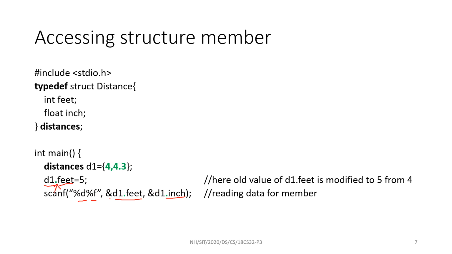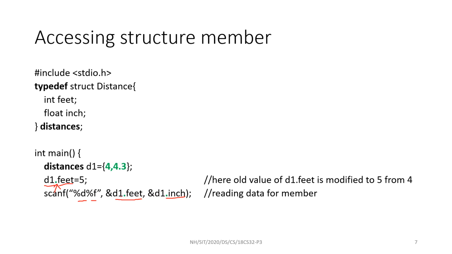You are going to read. For that ampersand is required. In case of numeric, float, double and long character, ampersand is required. For string, that is not required. Ampersand is used. It is similar to accessing a variable. Here you have to remember that you have to give dot operator.